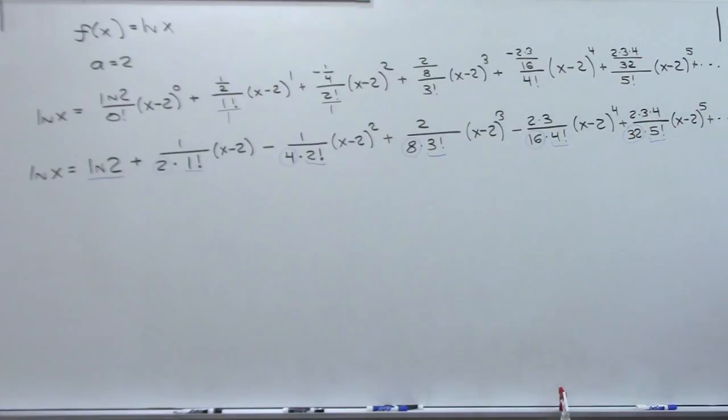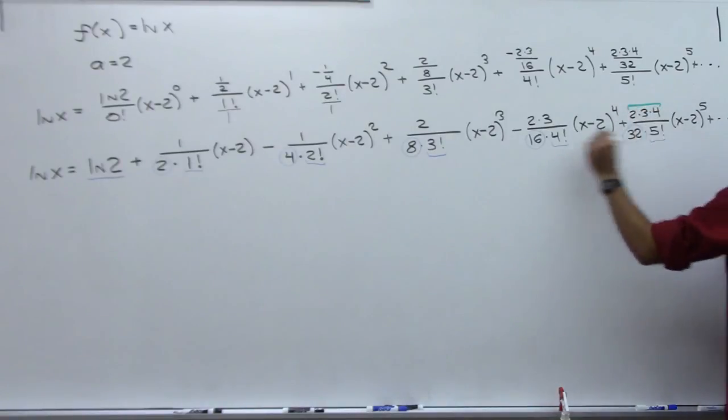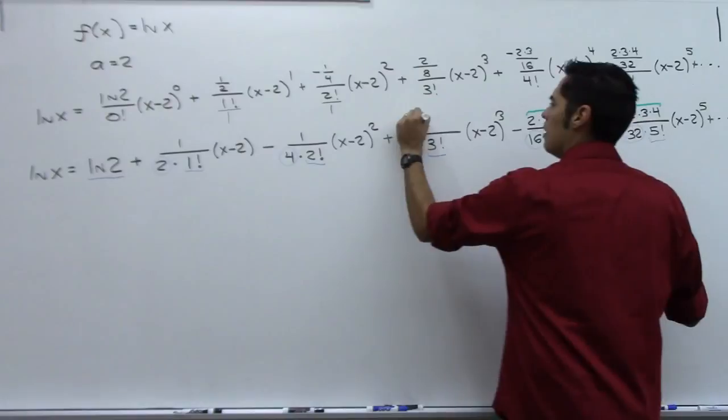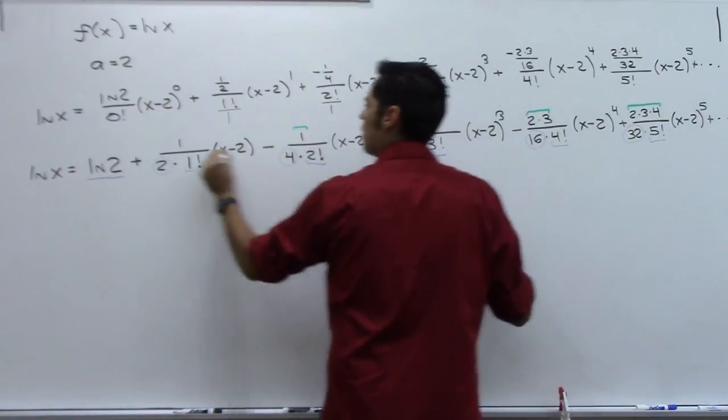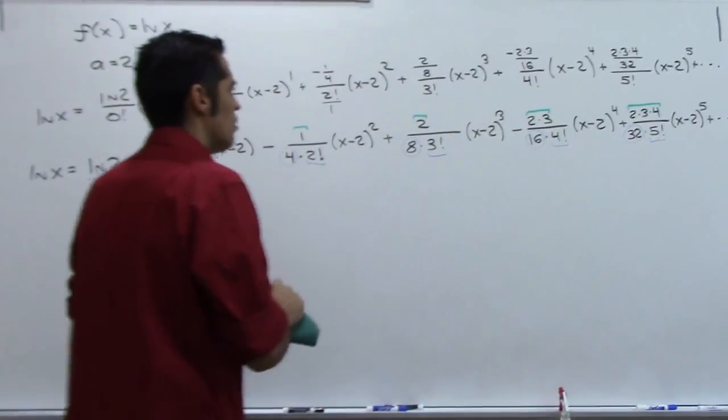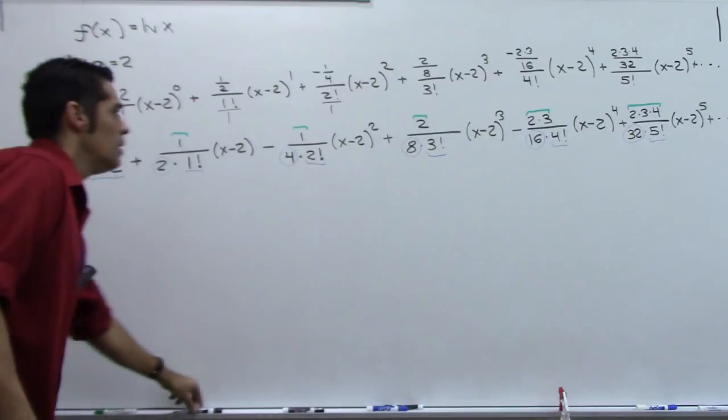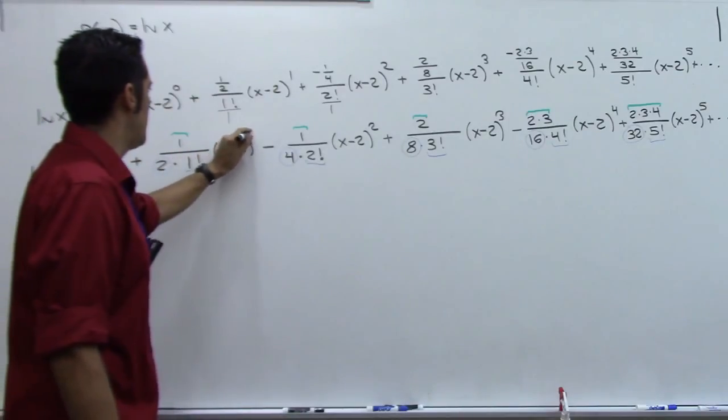These factorials would be equal to the power up here. And then in the numerator, these were factorials, but they were always 1 less than the power out here.